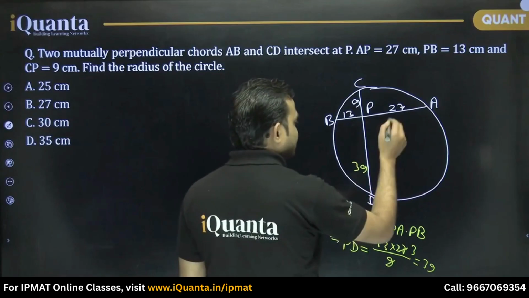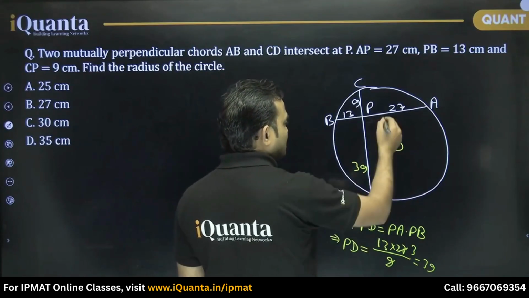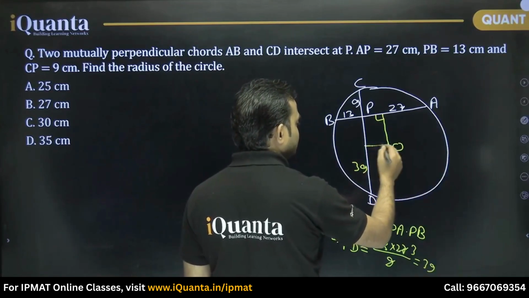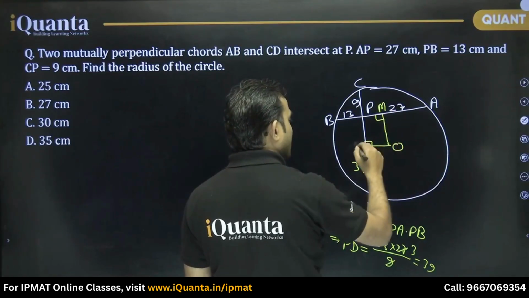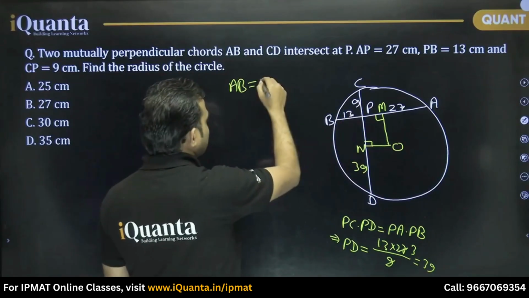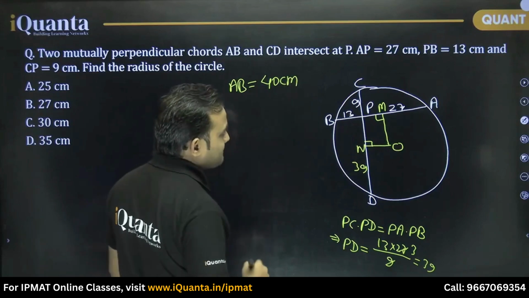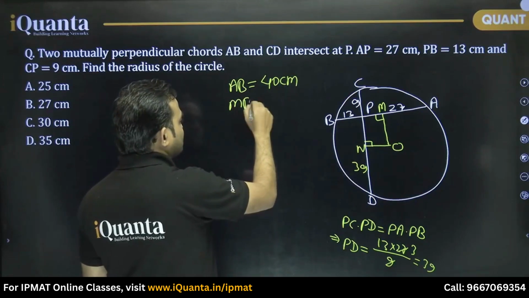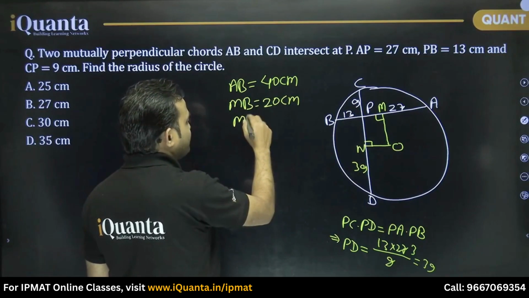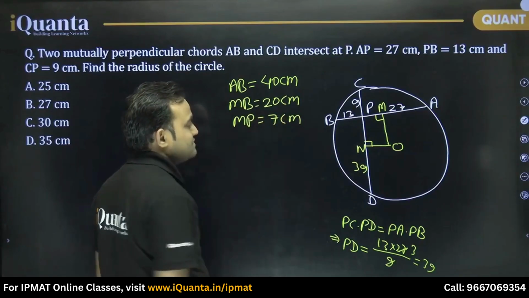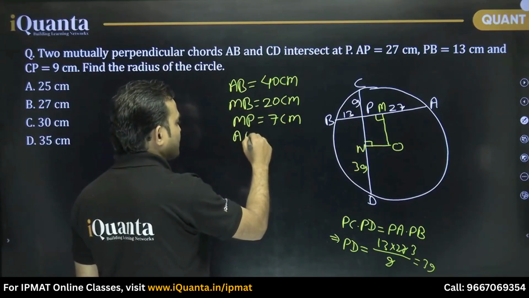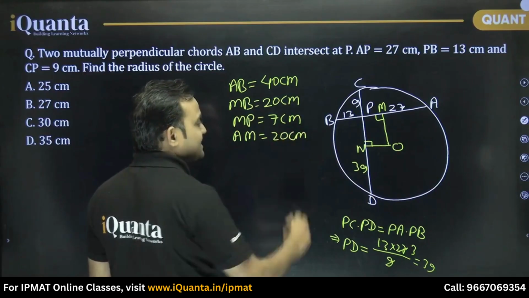Now let's take the center O here. If I take center O and draw a perpendicular to this chord as well as to this chord, let's say these points are M and N. The whole length of AB is equal to 27 plus 13, which is 40 centimeters. MB will be half of it, which is 20 centimeters, and MP will be 7 centimeters, AM will be 20 centimeters as well.